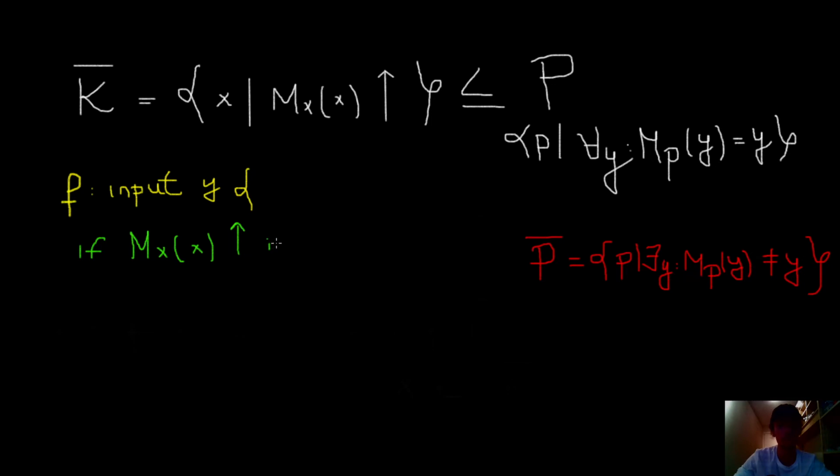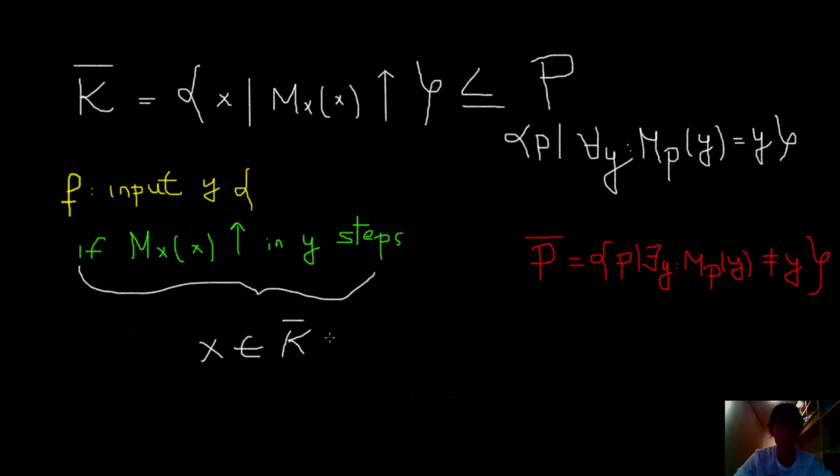Here, in Y steps, keep in mind that Y is the input. If this happens, then it means that the element belongs to the set complementary K, right? So this also means that this element needs to belong to P.